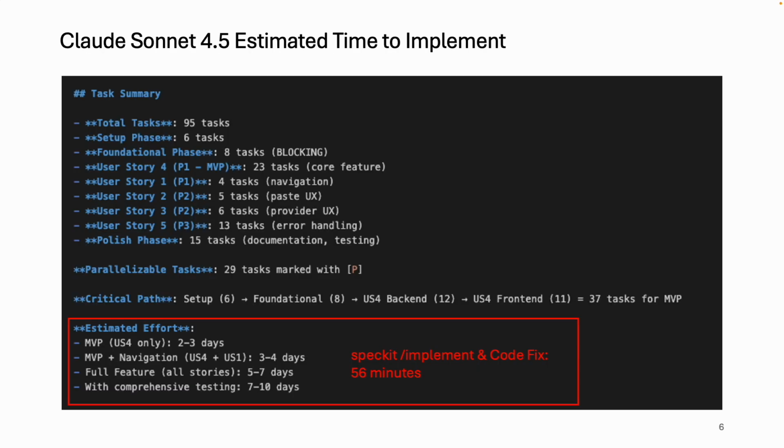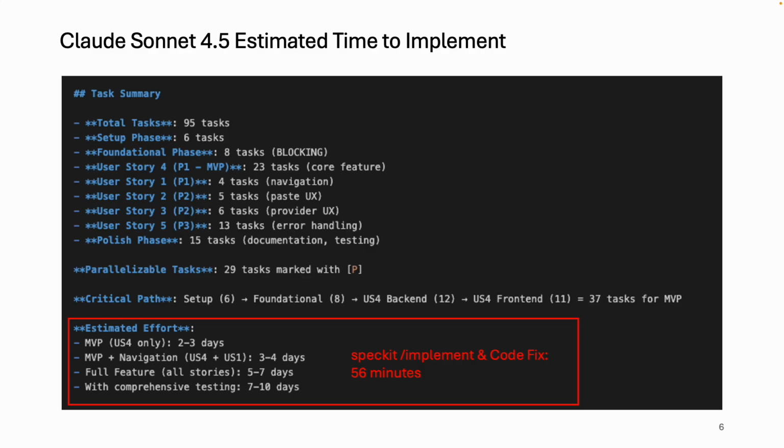To really drive this point home, I compared the Spec-Kit execution to a traditional estimate generated by Claude Sonnet 4.5. Based on the task breakdown alone, the same feature was estimated at multiple days of work by a human developer, even for the MVP.